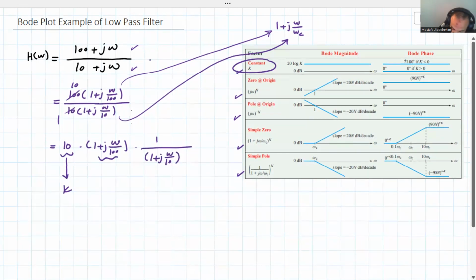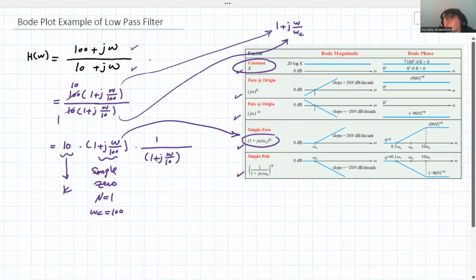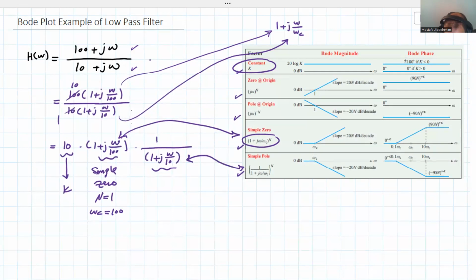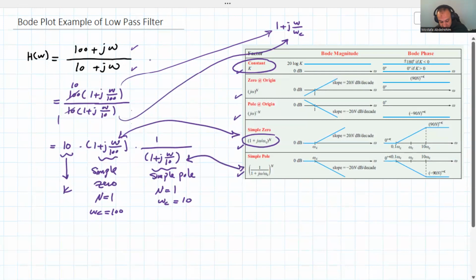That's exactly like a simple zero with n equal to 1 and omega c equal to 100. And what's that? That's a simple pole with n equal to 1 and omega c equal to 10, just to compare them to each other.